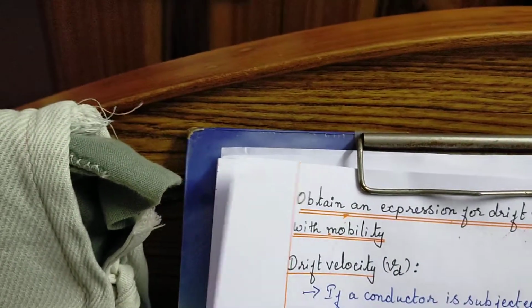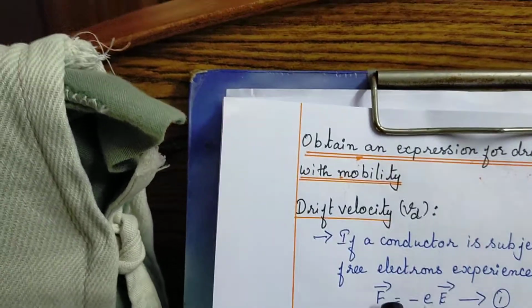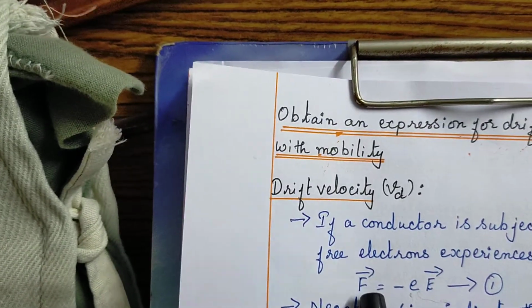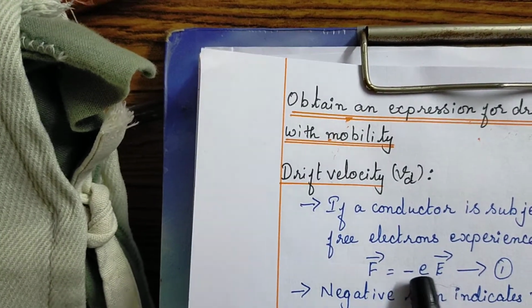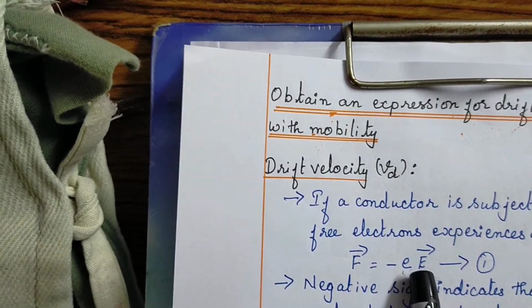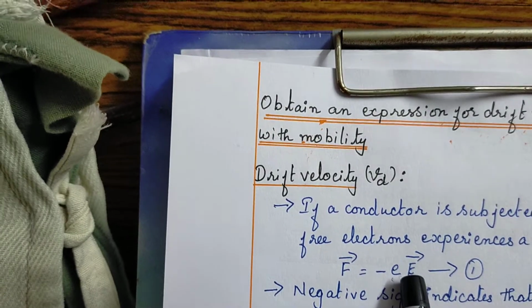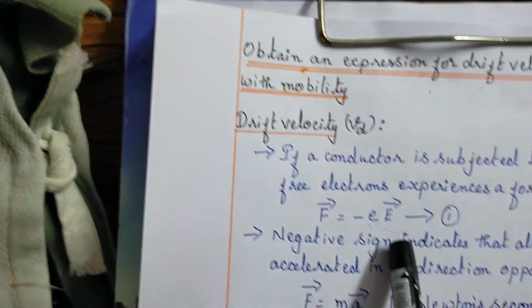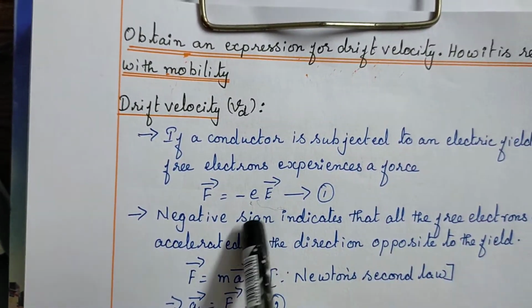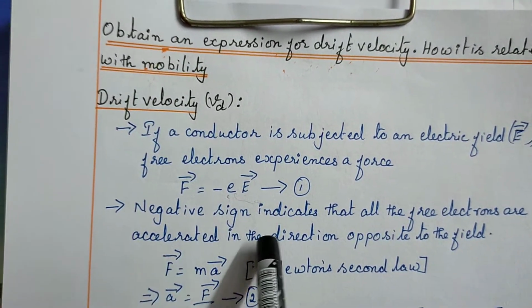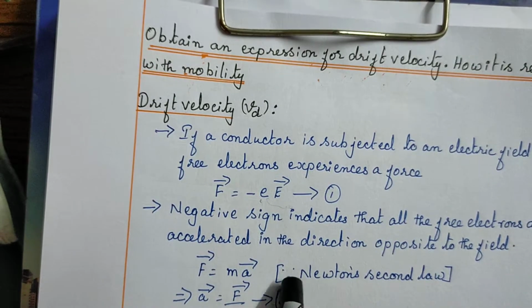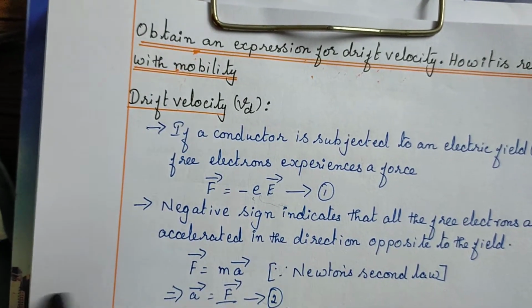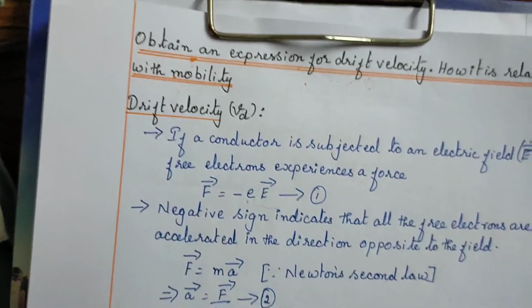The arrow mark indicates vector notation. Force is always in vector form. The negative sign indicates that all the free electrons are accelerated in the direction opposite to the electric field, pushed opposite to the electric field.